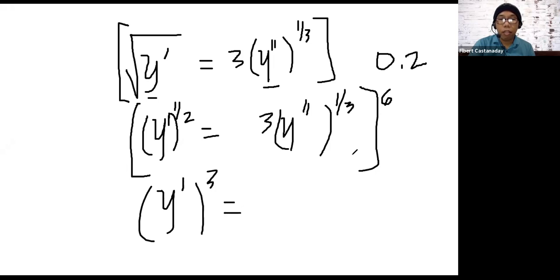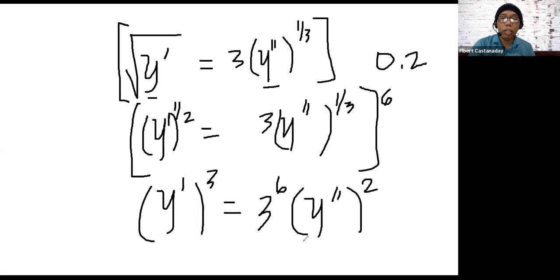And here, 3 raised to 6. So we have, copyhin mo lang yan, 3 raised to 6, constant lang naman. So y double prime, yan, raised to 1/3 times 6, or 6 divided by 3, that is 2. So as you can see, the highest derivative here, na second derivative, yung exponent niya is 2. Therefore, the degree is 2.